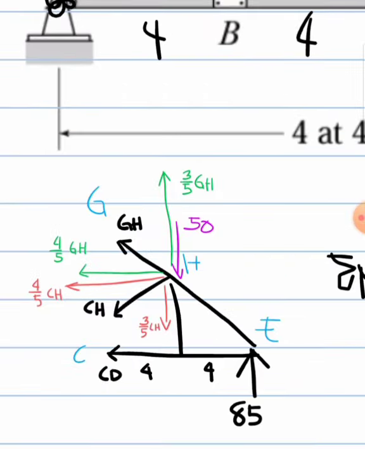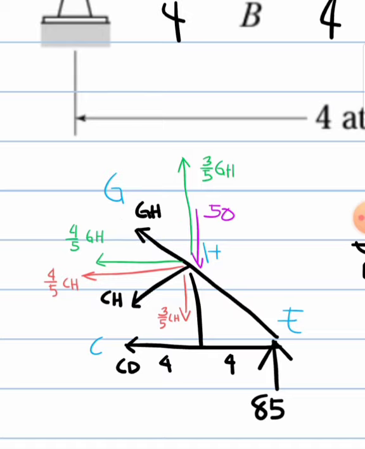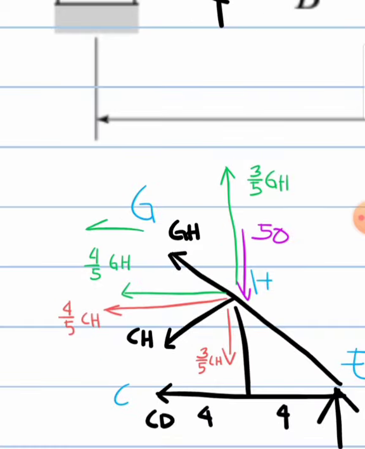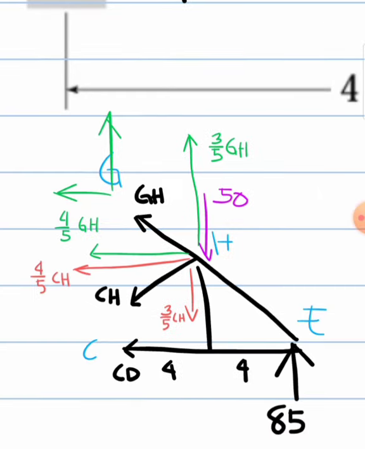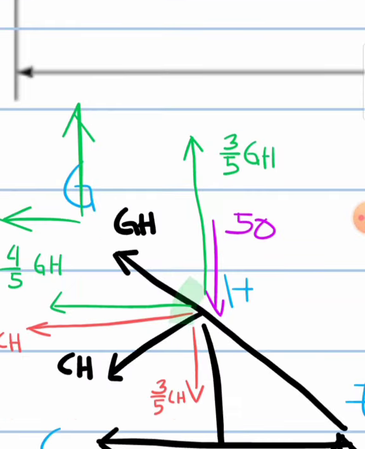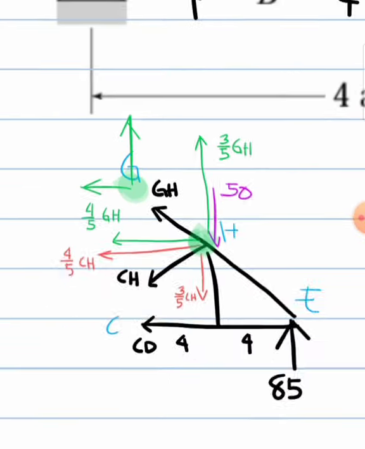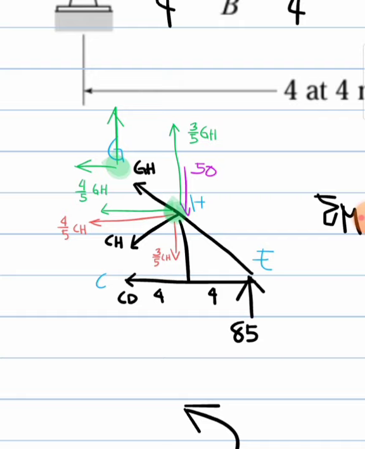this GH, and we have the option, we could break down this GH here or at this point. So here we can always choose as long as it's on the line of action of that force.